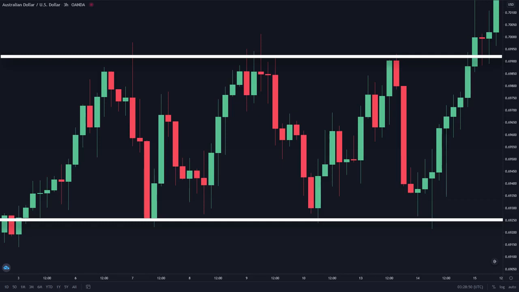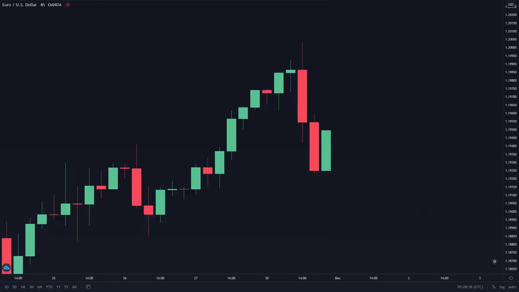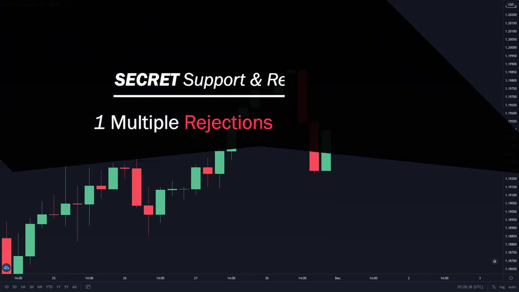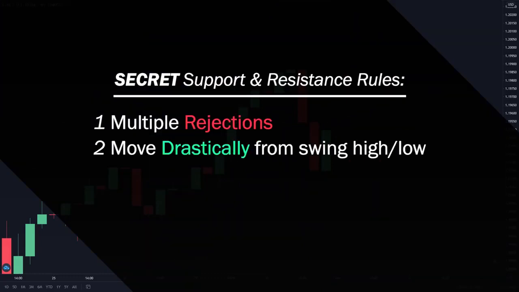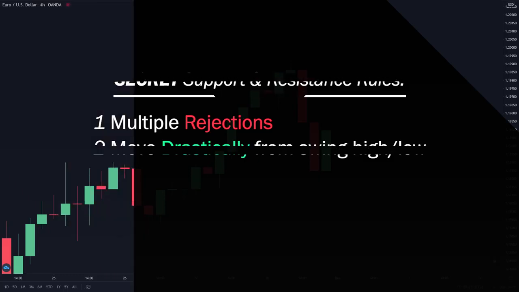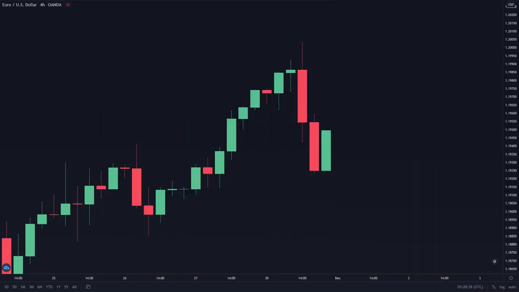Now, you may be wondering, what if the chart looks like this, where there are still no multiple rejections yet? Well, that brings us to our second rule. The price needs to move away drastically from a swing high or swing low. In this chart, we can see that there aren't any multiple rejections that formed yet.